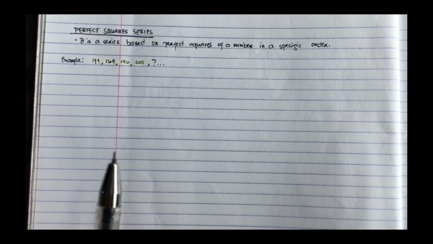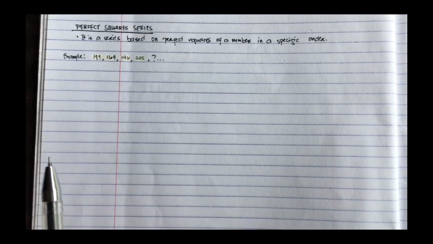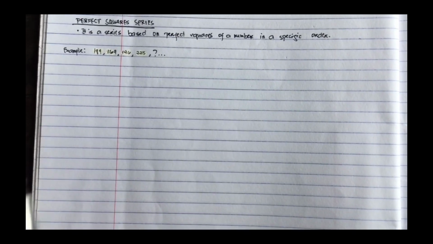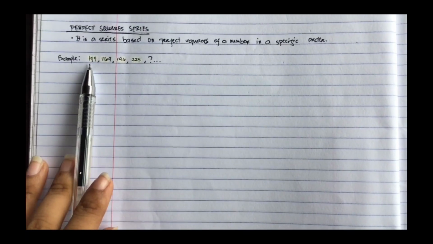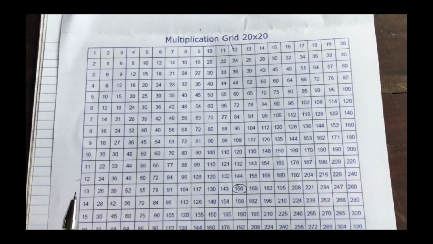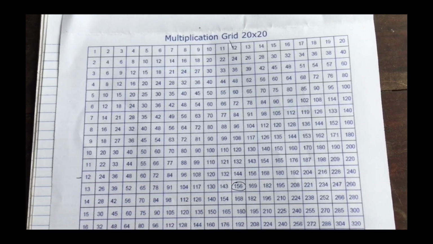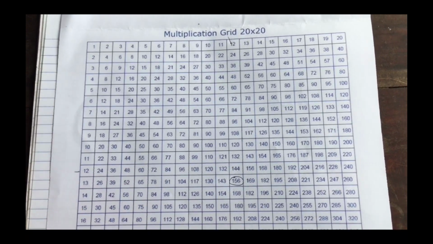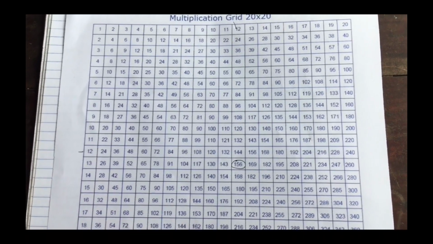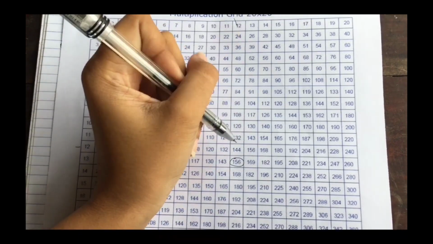Before we find the missing number, let us first understand how to solve the first given number, which is 144. So now we have the chart. We will find the equal integers that show 144 as the answer. So first, let's find the 144 number. So here's the 144.